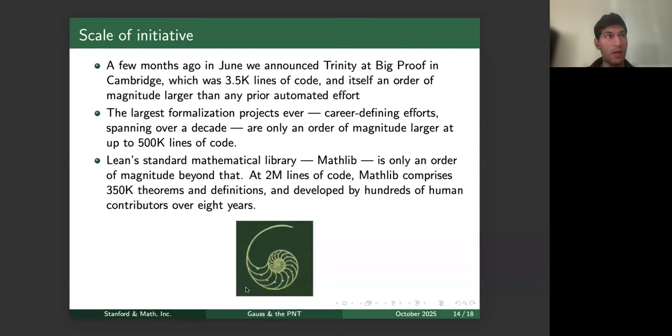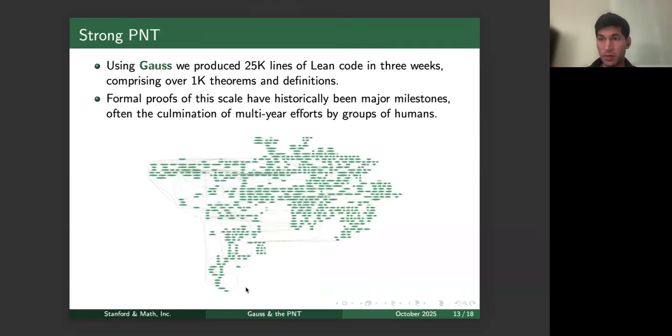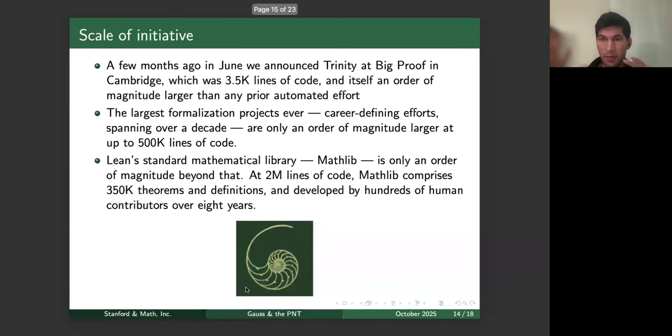So if you think about, at least from the beginning of the summer, a lot of people had focused attention on competition math and problems from the IMO or something. And for these competition math problems, you could get solutions that might be 100 or a few hundred lines of code. And so 3,500 lines represented about an order of magnitude larger than previous efforts. And then the more recent results with the prime number theorem represent maybe 2 orders of magnitude larger.